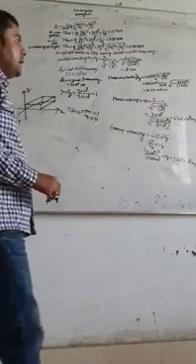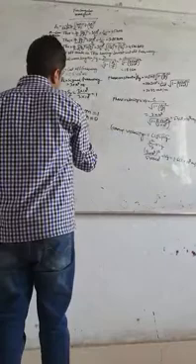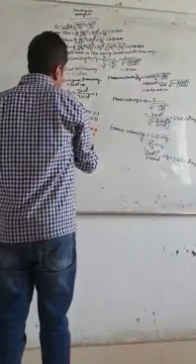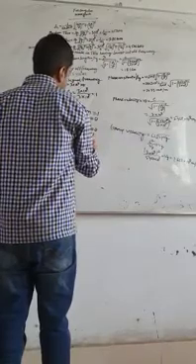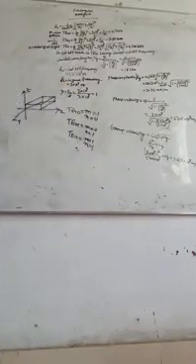For TE01 mode, m is 0, n is 1. For TE11 mode, m is 1, n is 1. So let us do the calculation one by one.